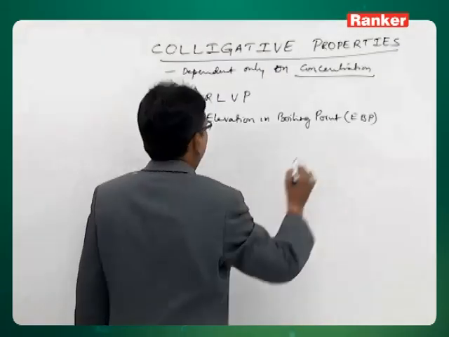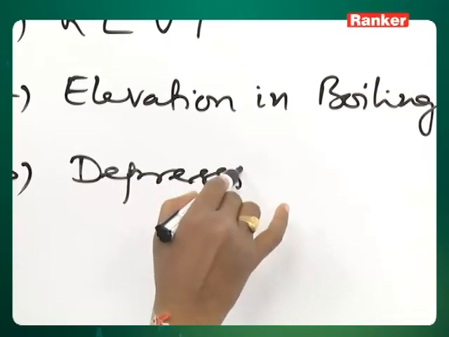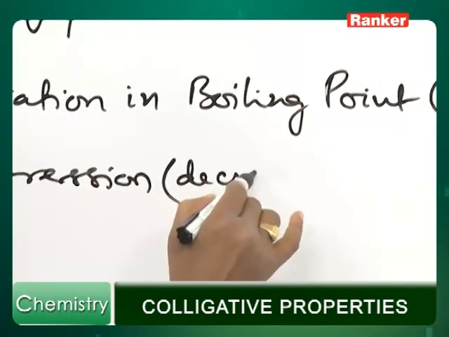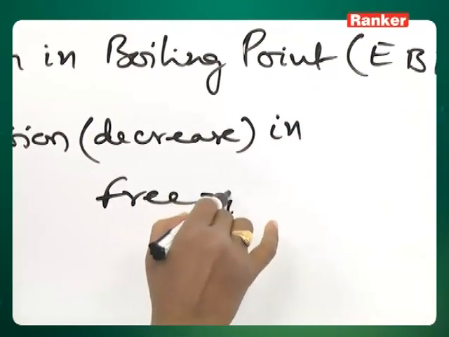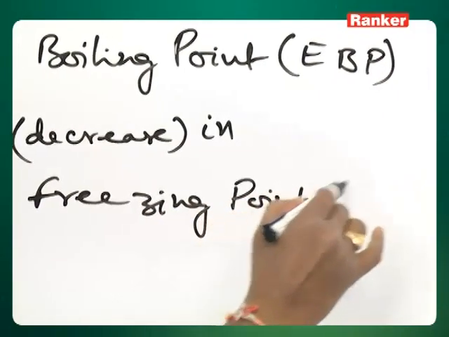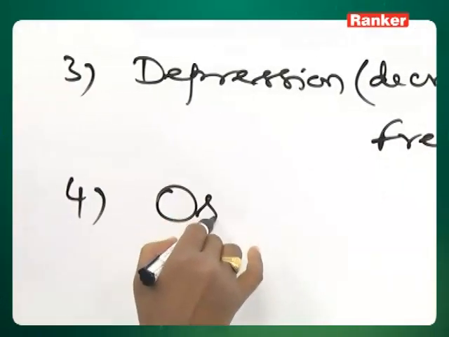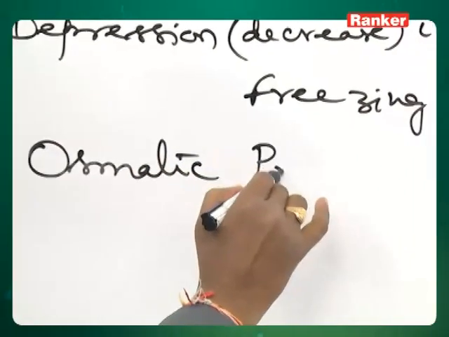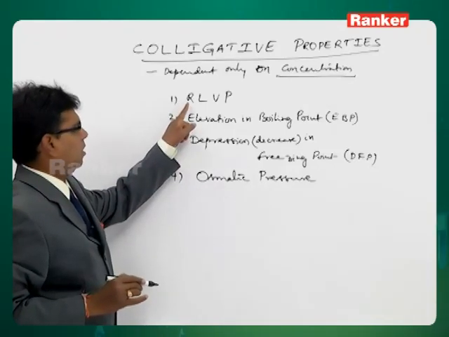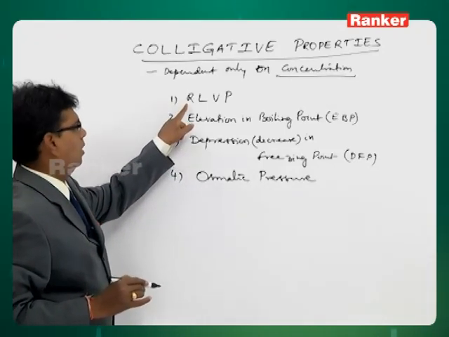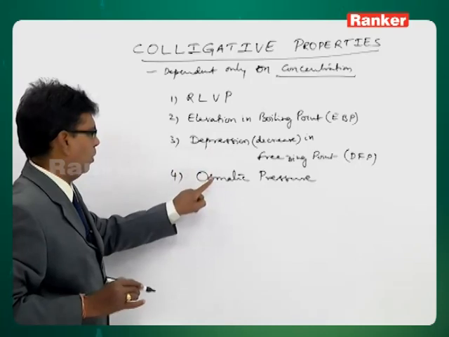Third is depression or decrease in freezing point. Four, osmotic pressure. The colligative properties are four in number: relative lowering of vapor pressure, elevation in boiling point, depression in freezing point, and osmotic pressure.